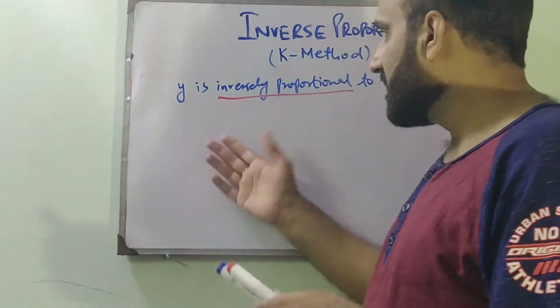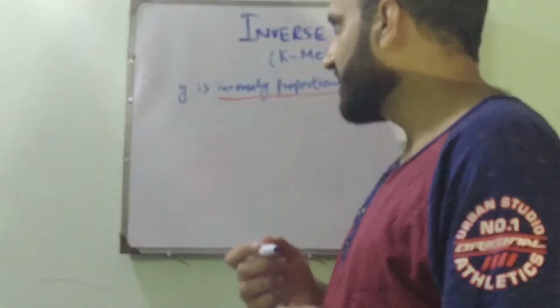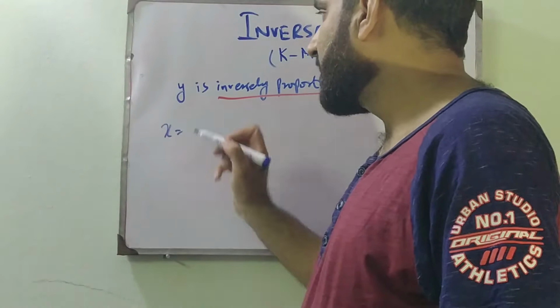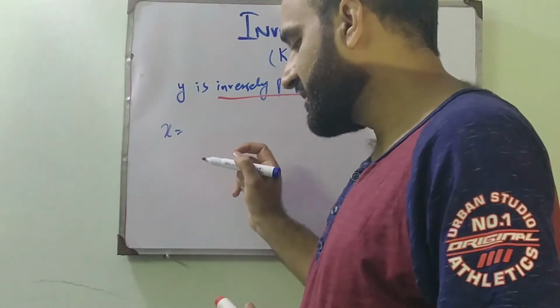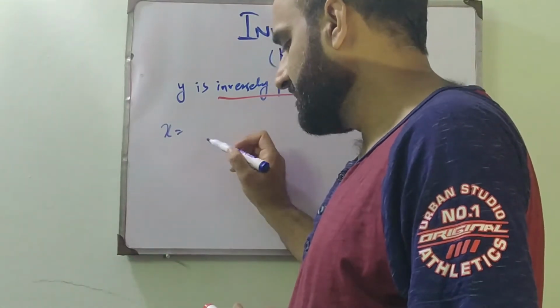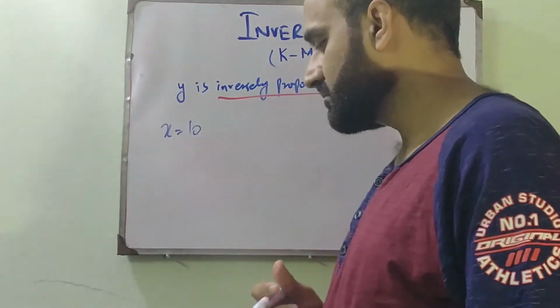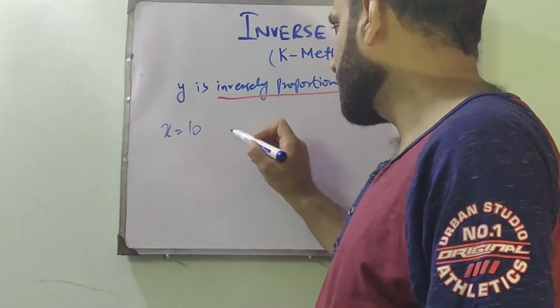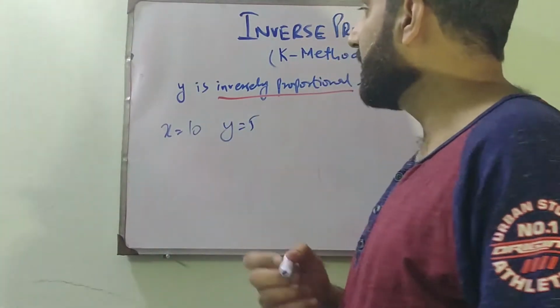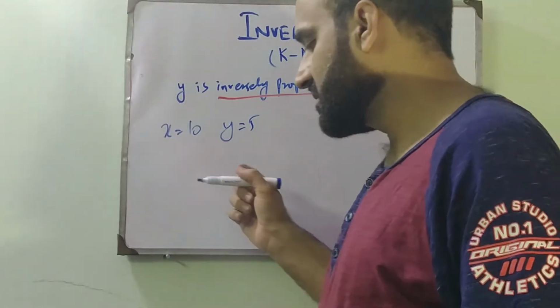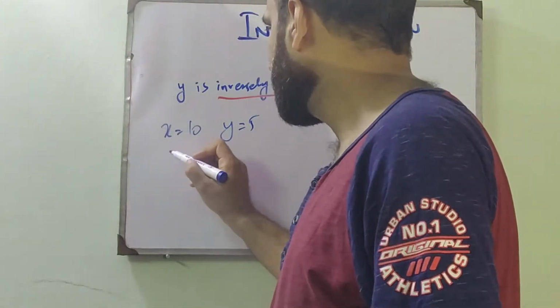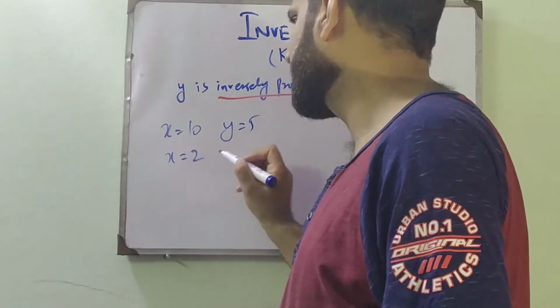Fine. So let's take the values. Let's suppose x is 10 and the value of y is 5. Now you need to find out the value of y when x is, let's suppose, 2.